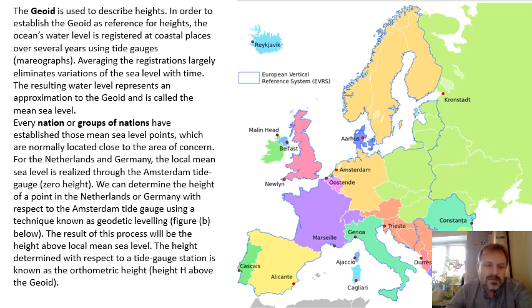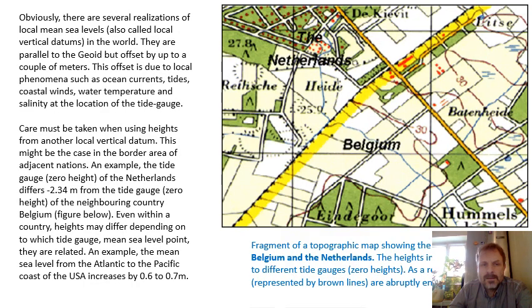The height determined with respect to a tide gauge station is known as the orthometric height above the geoid. Obviously, there are several realizations of local mean sea levels, also called vertical datums, in the world.